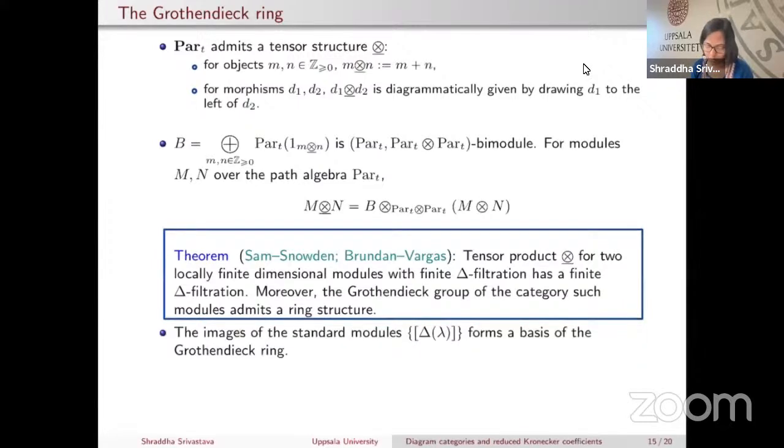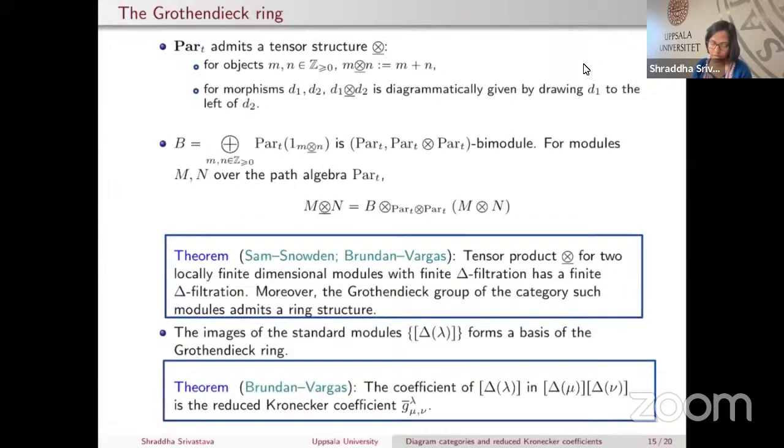The basis is given by the images of the standard modules. They prove that with respect to this basis, the structure constants are given by the reduced Kronecker coefficients. And in fact, this Grothendieck ring is isomorphic to the ring of symmetric functions.